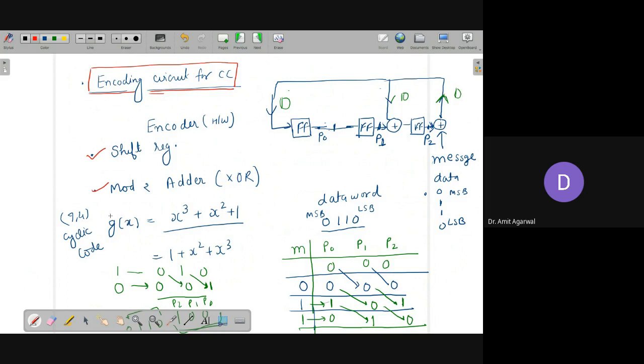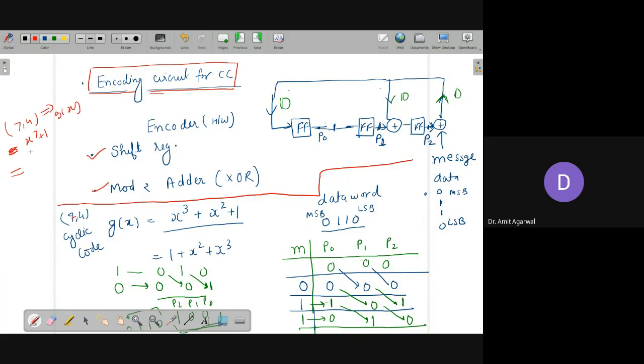So let us suppose we are taking a generator polynomial g(x) as x cube plus x square plus 1 for (7,4) cyclic codes. Always remember that this is a very important code, because for x to the power 7 plus 1, we have to first find out its generator polynomial.